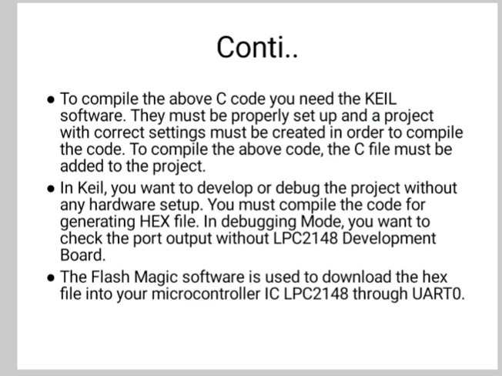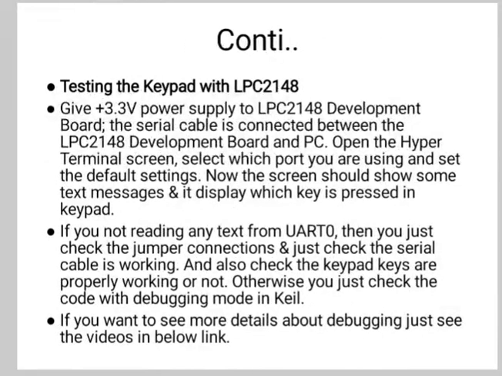We must compile the code for generating the hex file. In debugging mode, we can check the port output without the LPC2148 development board. The Flash Magic software is used to download the hex file into the LPC2148 microcontroller through UART 0.